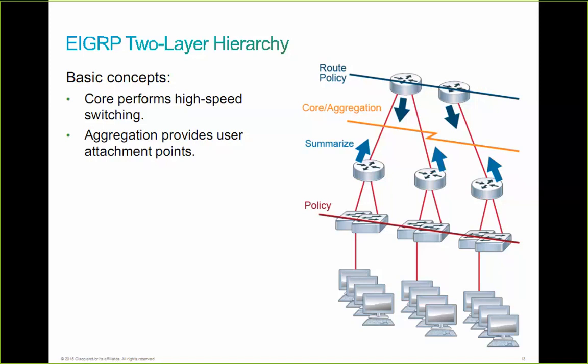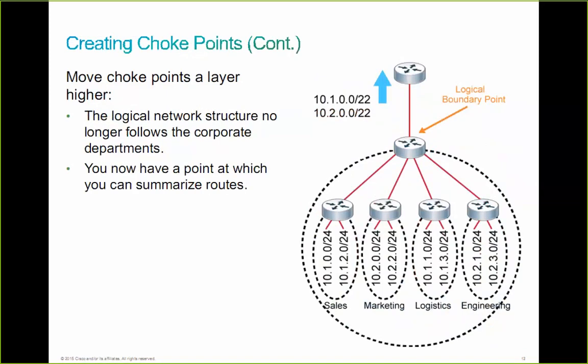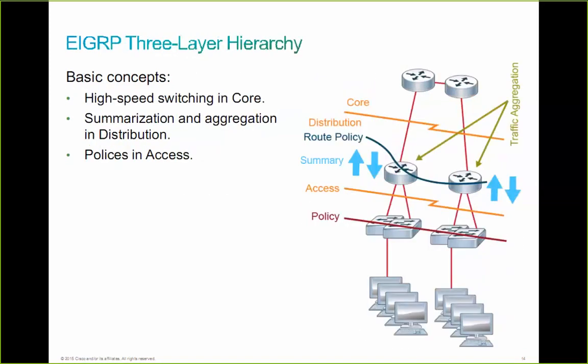Where you have your core and your distribution layer performing the same function, and then our access layer is separate. But in the case of a 3-layer design, it's very specifically defined, right? We have our core, we have our distribution, and we have our access.